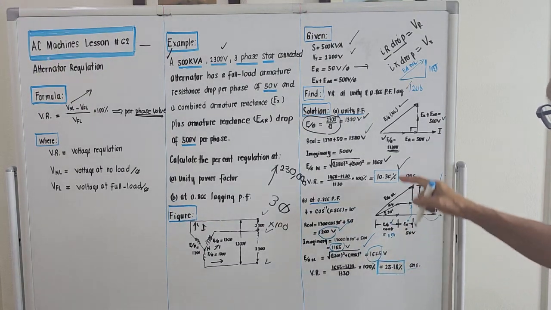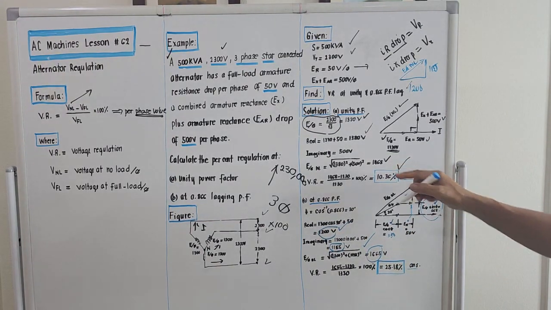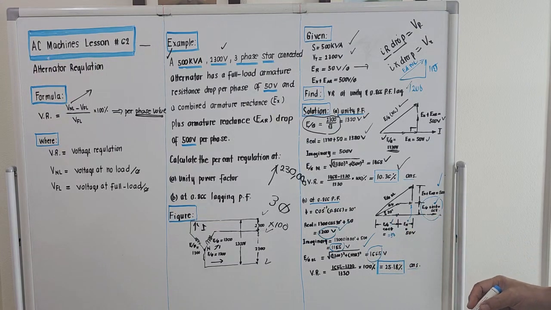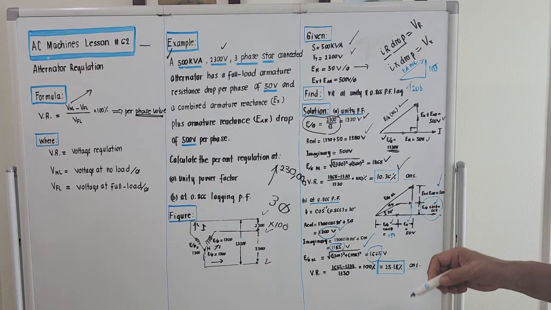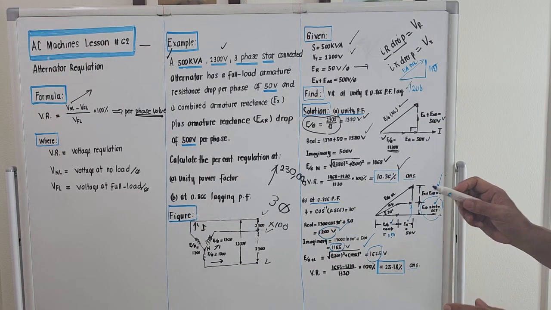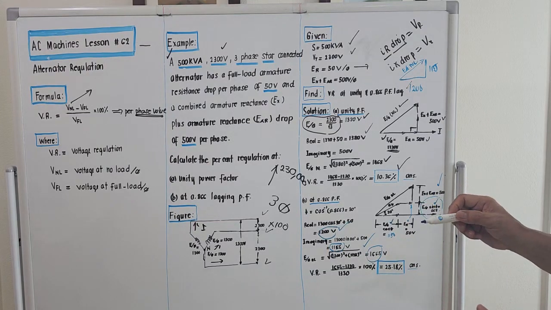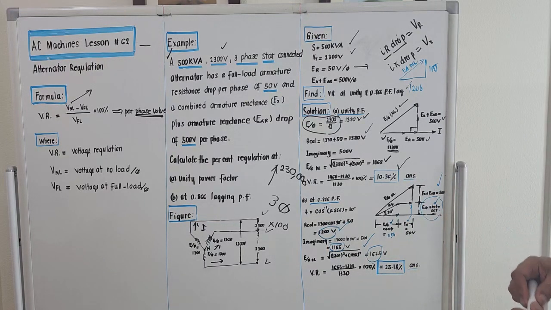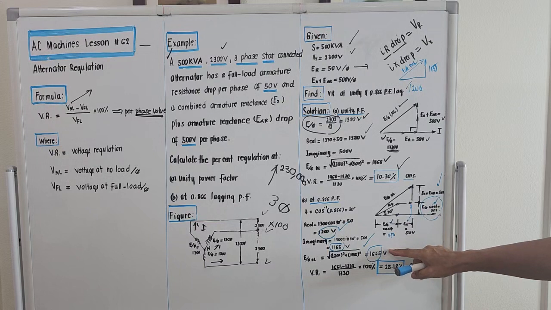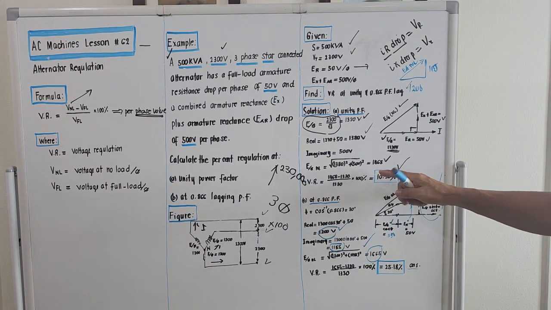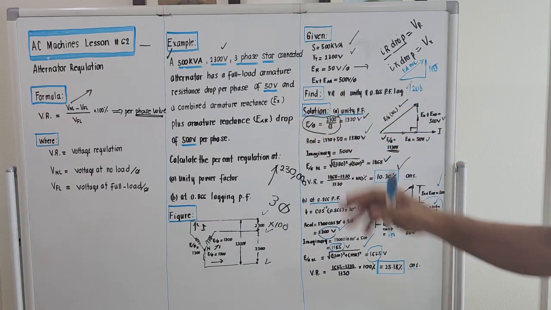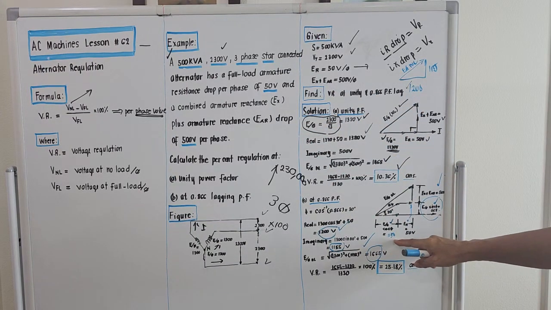It is bigger than the 1468 because at lagging power factor, motor loads consume too much current. So there should be a higher current, and if there is a higher current, of course there should be a bigger voltage drop. So this is 1665, meaning at 0.866 power factor, the voltage per phase of the alternator should generate 1665.